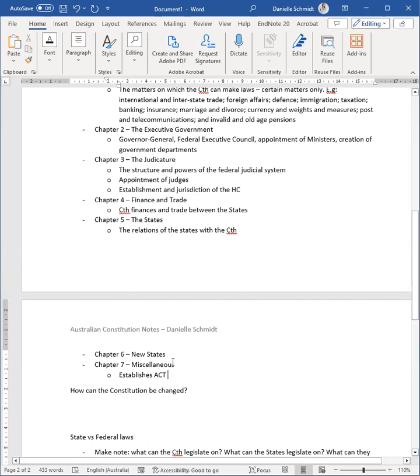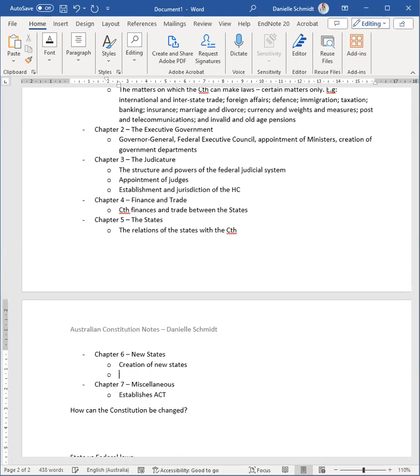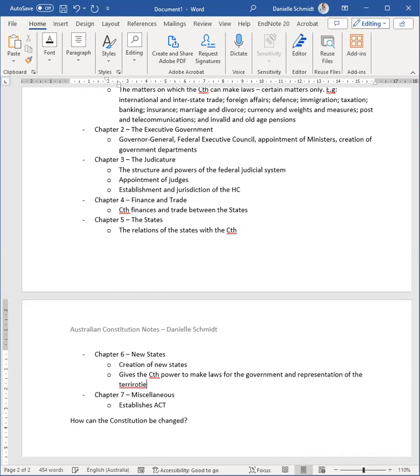I should note here, let's just do this properly. Creation of new states. It's the Commonwealth power to make laws for the government and representation of the territories. There we go.